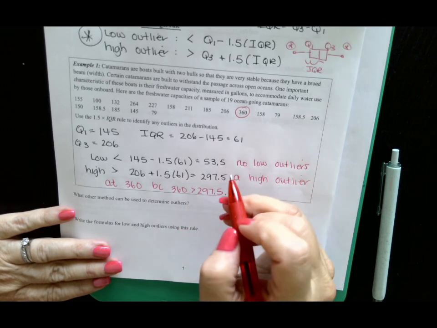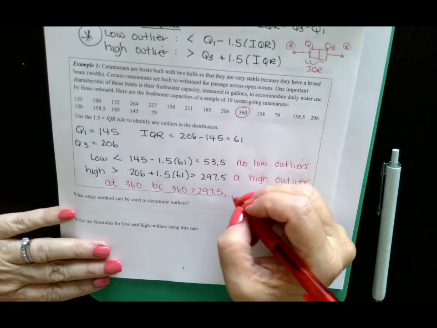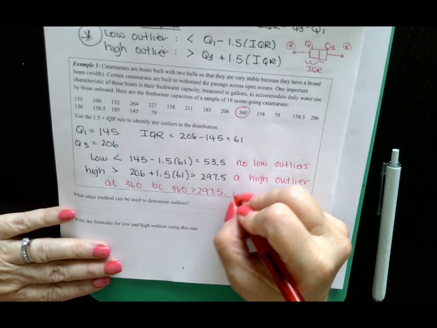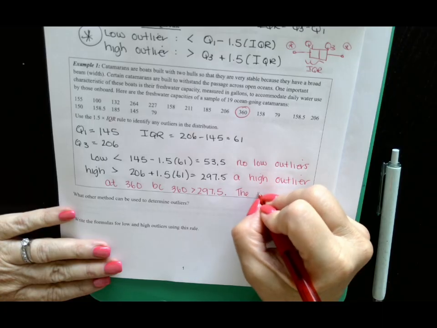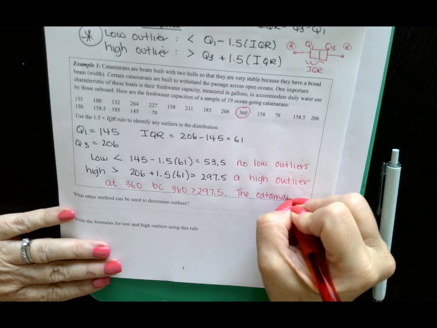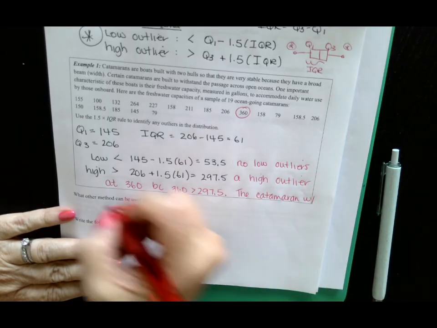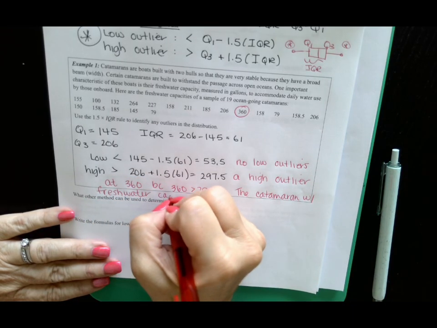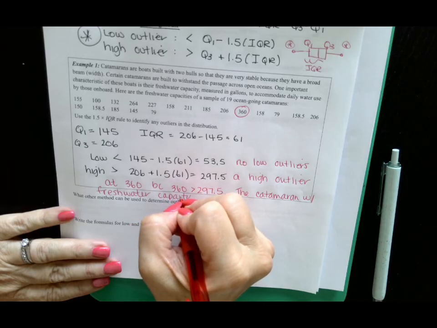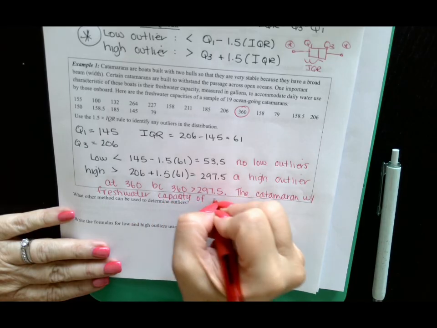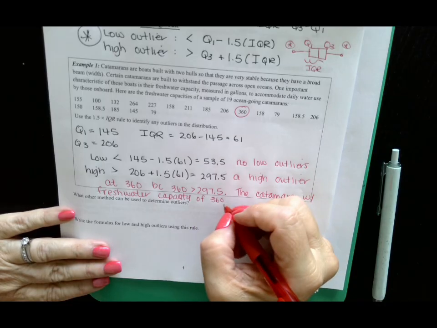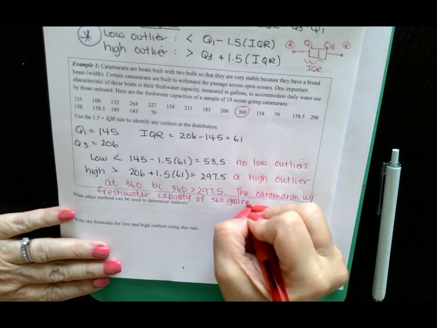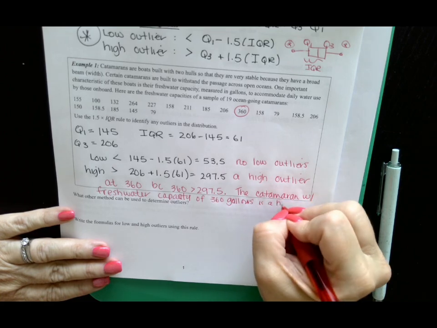So if I identify what I'm doing on this, I would say that in context, the catamaran with freshwater capacity of 360 gallons is a high outlier.